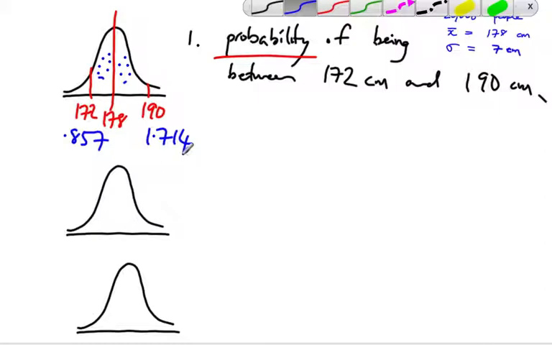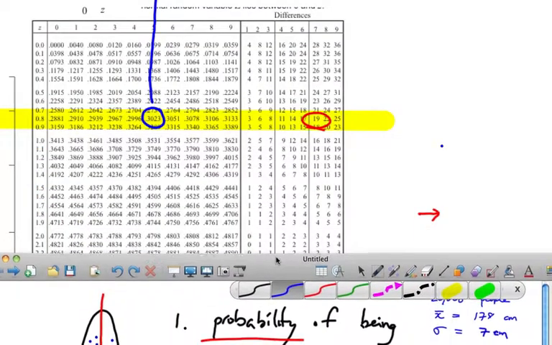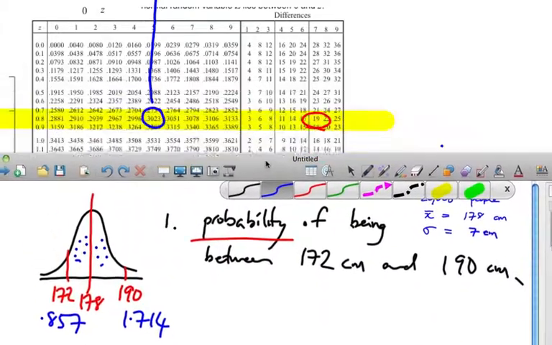All we have to do now is look up the Z value in our tables because that gives us the area. Look up the Z value for 1.714 in the tables. That gives another area. Add those 2 together. So this is what I did. Here's the tables for the first one. What are we looking for? 0.857.